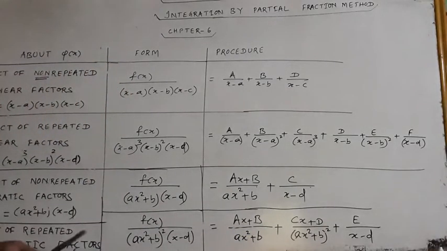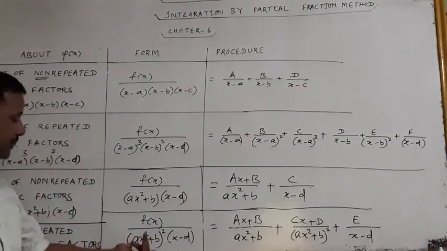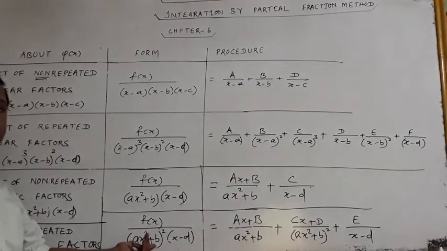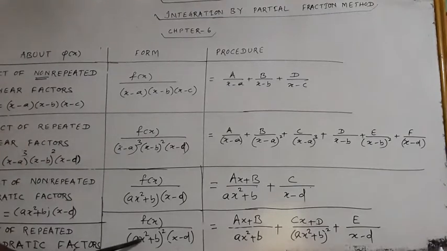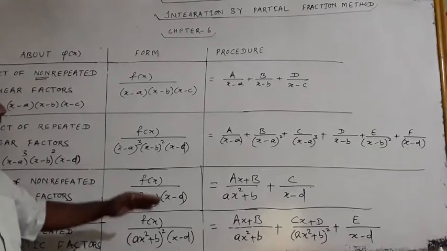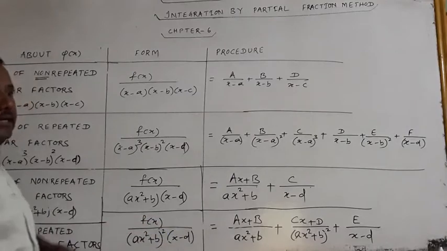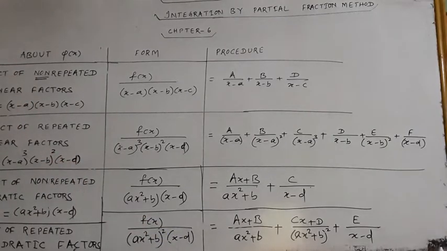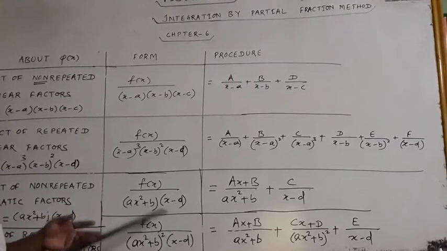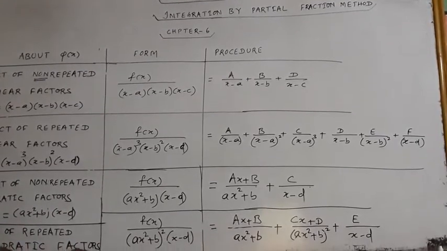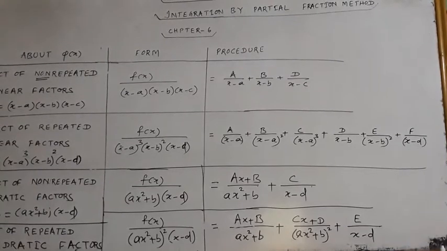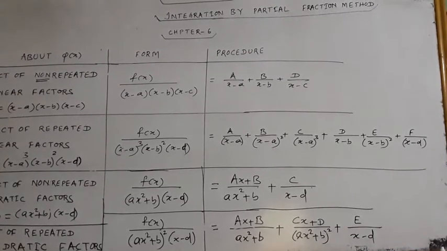If in future it will be a cubic, meaning a non-factorized cubic, which cannot be factorized, then the numerator must be a quadratic, because the derivative of quadratic is linear and the derivative of linear is constant.